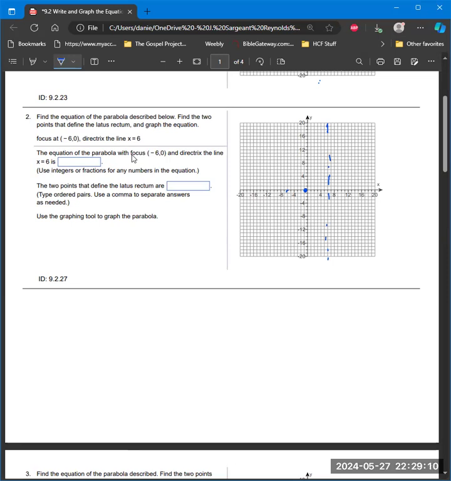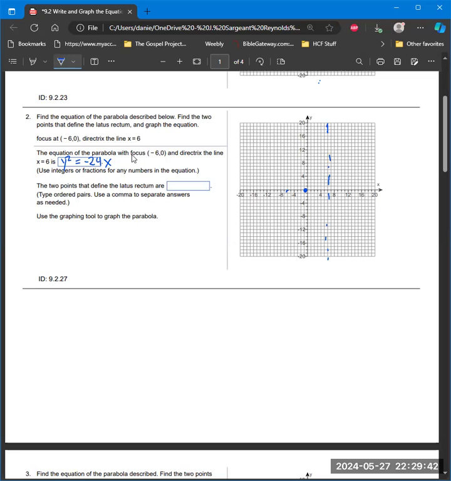So the equation of the parabola is going to open towards its focus. It's going to be y squared is equal to 4 times -6, which is -24x. And when x is equal to -6, then y squared is equal to 144.